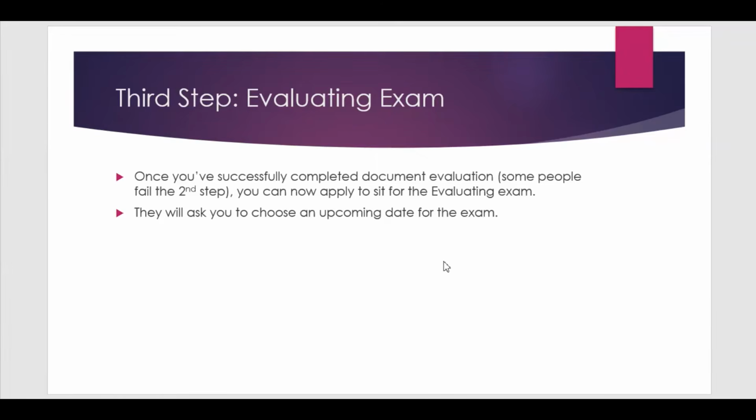I'm not 100% sure about the dates, but I'm just giving you an example. You'll have to choose between May 2023 or November 2023. You cannot choose a date in 2024, for example, if that's something you had in mind before, like, okay, I'm going to study for the rest of the year and take the exam next year. No, it's not going to happen. They will send you whatever the closest dates are, and you have to choose one of them. So just keep that in mind.